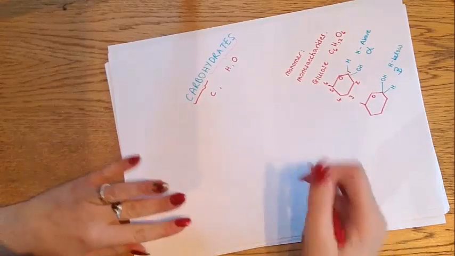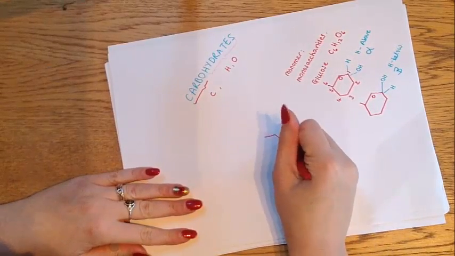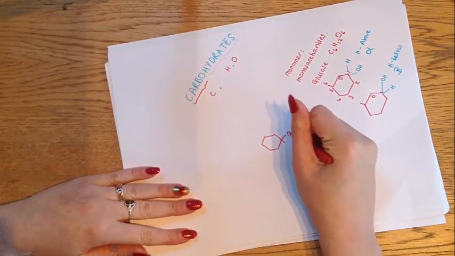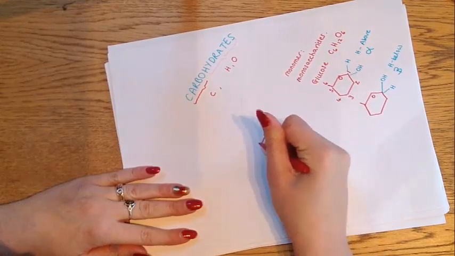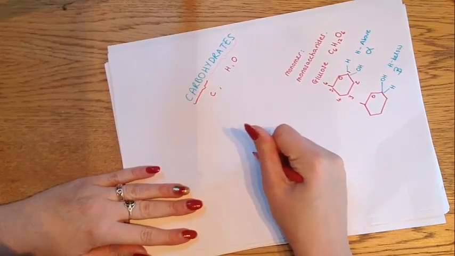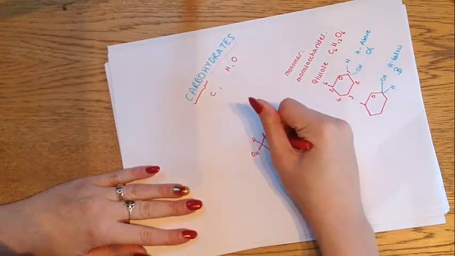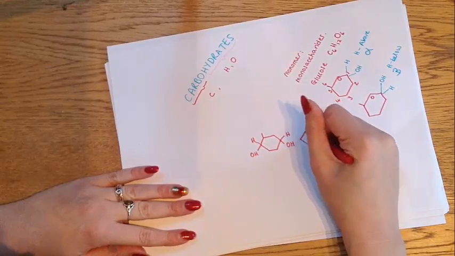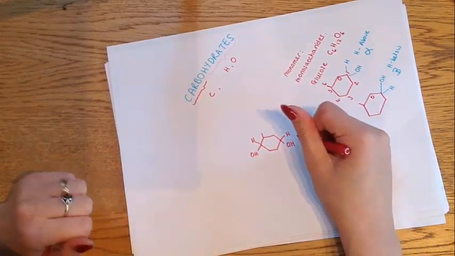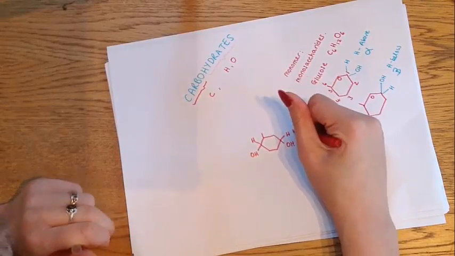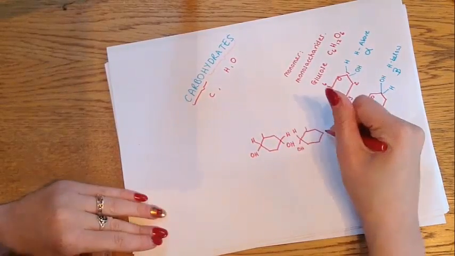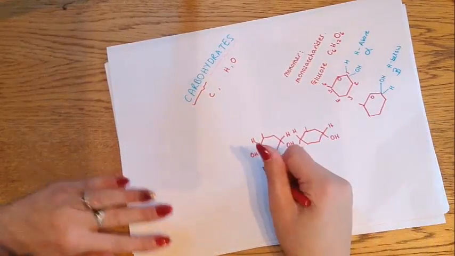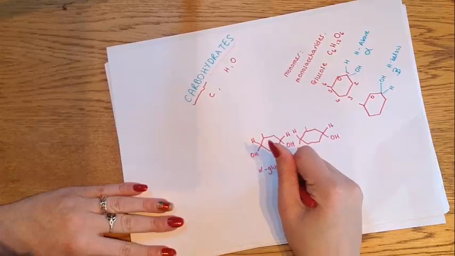Now let's look at how we join monosaccharides together, starting with joining two alpha glucoses. Here's glucose, hydrogen above, that makes it an alpha glucose. Draw them on carbon 4 as well. Again, hydrogen, hydroxyl on carbon 1, hydrogen above, so we've got two lots of alpha glucose.